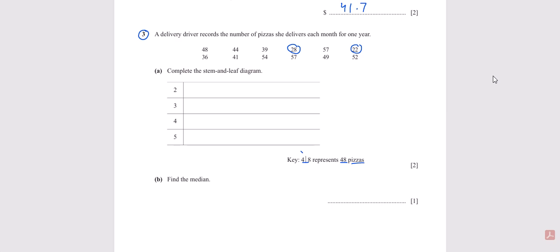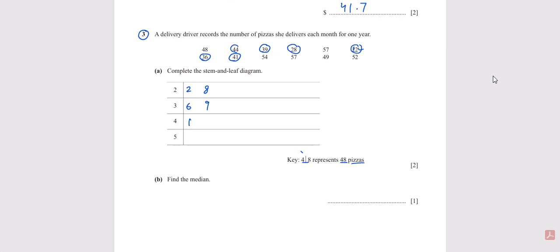So first is 22, 2 is already written, we just write 2, and second is 8. Like that, 3, first number is 36, so we write 6. Second is 39, this one we write only 9. 4, 41, write only 1.